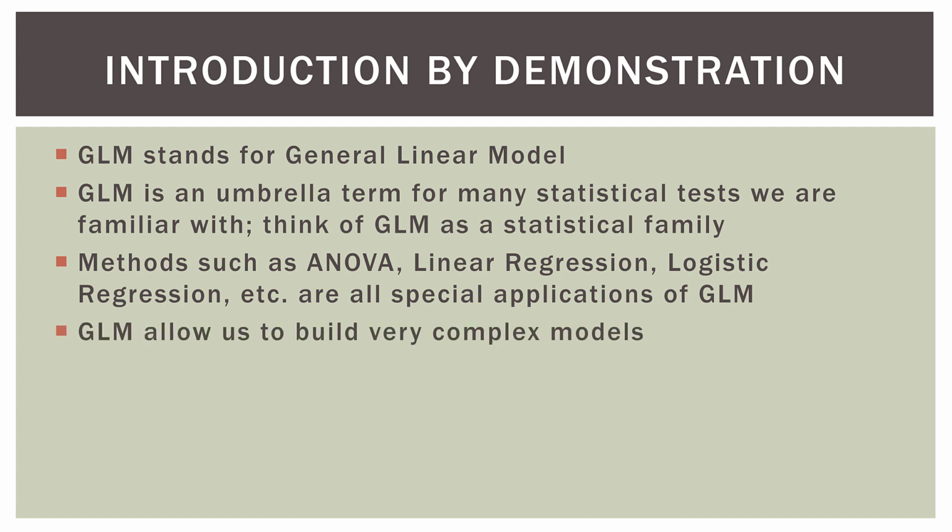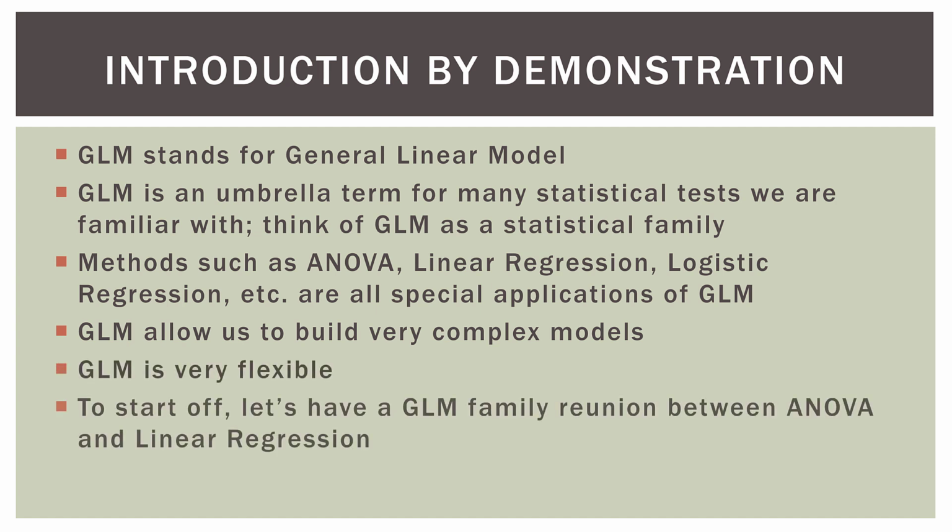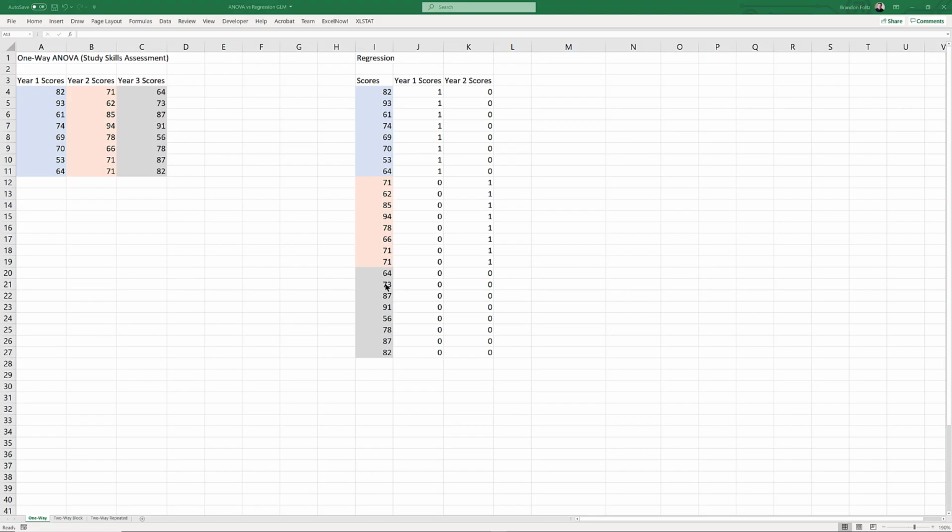So GLM allows us to build very complex models. And GLM is very flexible. So before we get too far into the weeds, let's have a GLM family reunion between ANOVA and linear regression. So let's go ahead and go into Excel and do that.